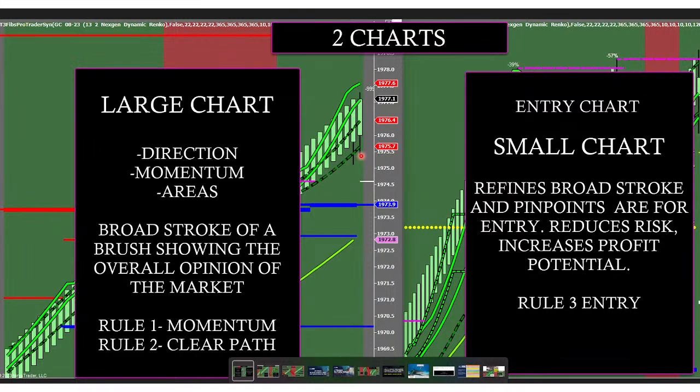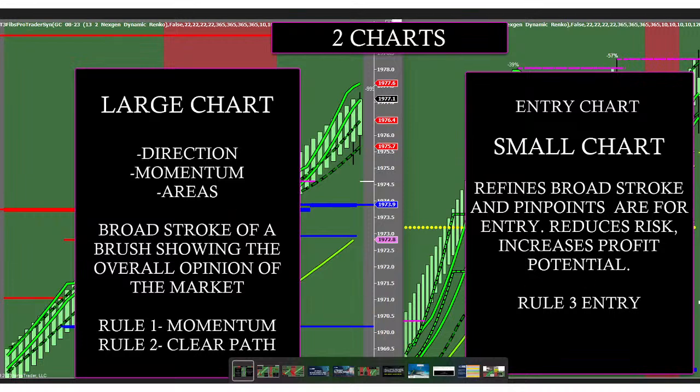And then I also see that my small triggers and my large triggers are both wide and angled in the direction of the trend. Do you see the gap between the two? Letting me know that the odds are favorable for the market to continue up. Guys, we have already defined in one bar the direction of the market, and we've also defined the momentum of the market. So now we're going to define the areas of the market.